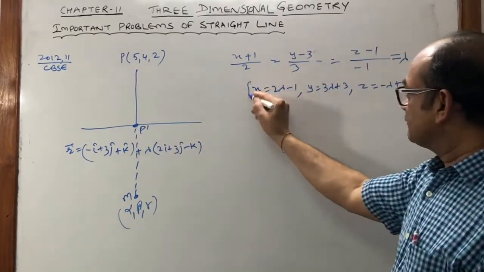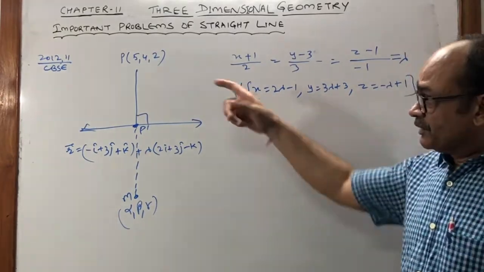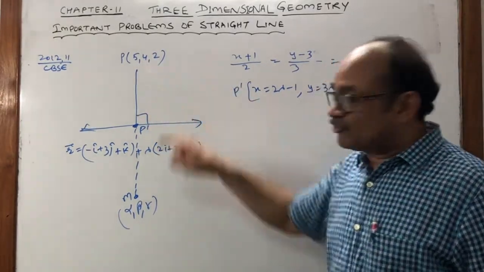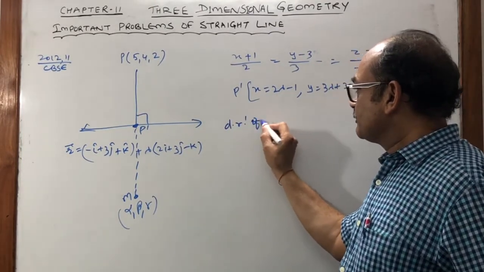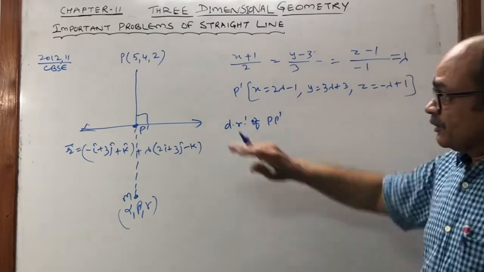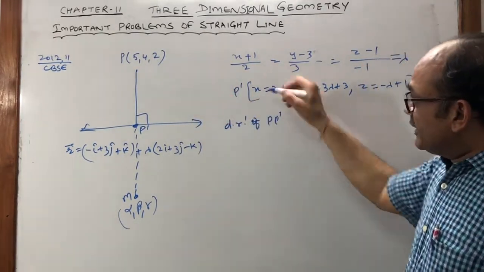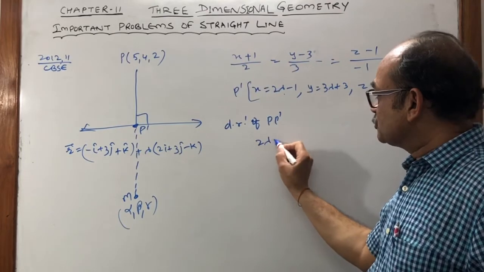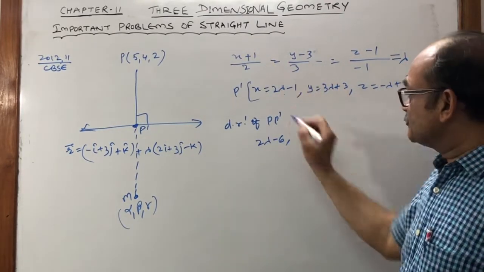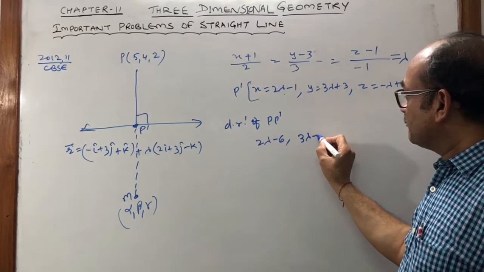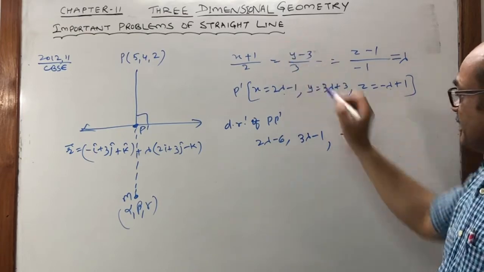So this is nothing but P dash. Now when we have P dash, we can calculate the drs of PP dash. So first we calculate drs of PP dash: y2 minus y1, correct? So here 2 lambda minus 1 minus 5, that is 2 lambda minus 6; 3 lambda plus 3 minus 4, that is 3 lambda minus 1; and minus lambda minus 1.